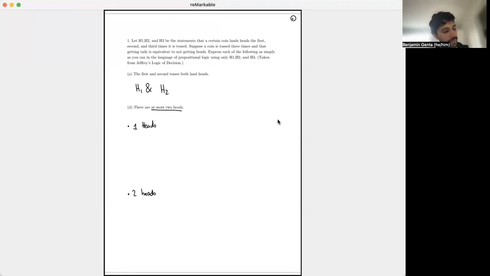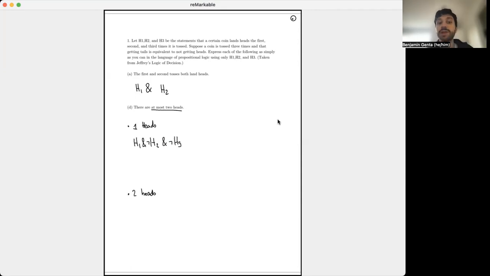Now, how can we express that we only have 1 heads? Well, let's look at all the possibilities. We have 1 heads when we have H1, not H2, and not H3. And how do we connect them? Well, we connect them with the and over here.